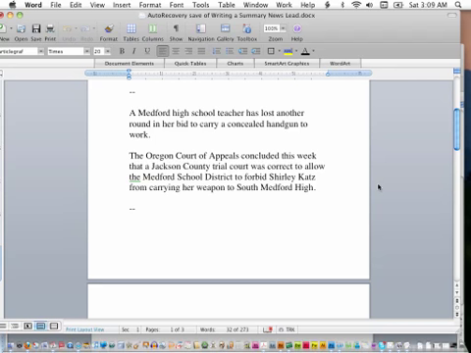So notice here that the name is really buried down in the second graph. And that's done because there's a different spin on this. Actually, I think this comes from the Oregonian, so it makes more sense that it will be more of a regional story.